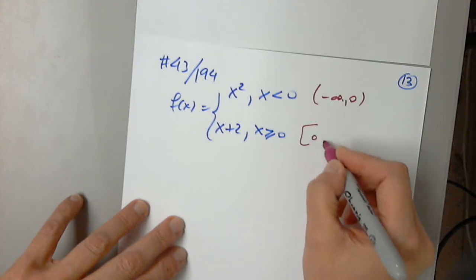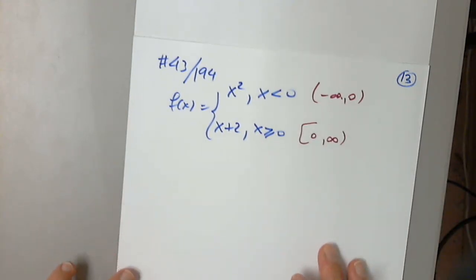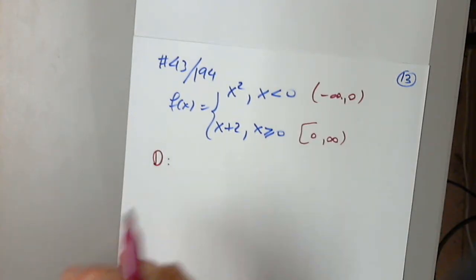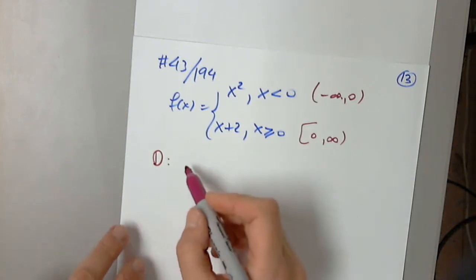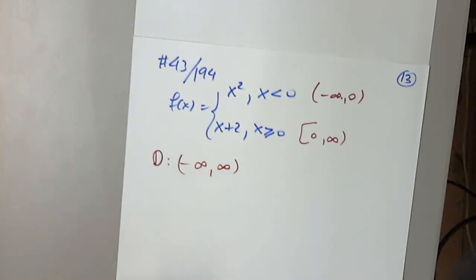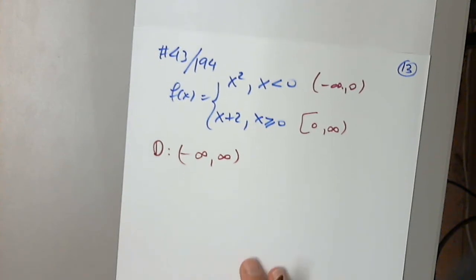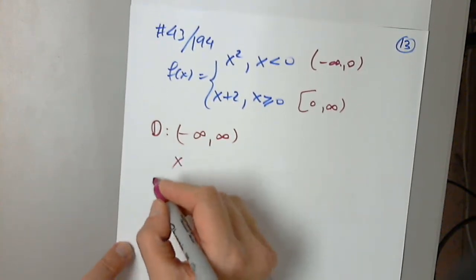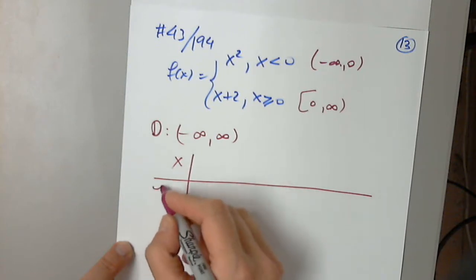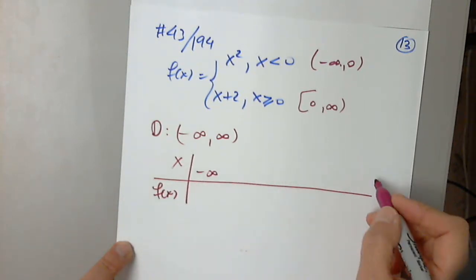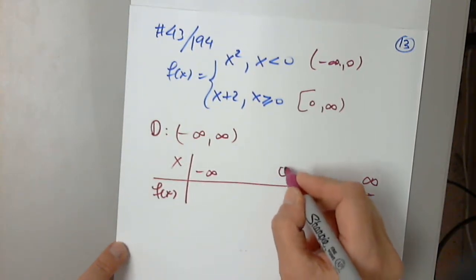I will look at this and see 0 to infinity. I will identify the domain one more time. What is it? Yeah, it happens to be the same. It will not always be the same. Just keep that in mind. And then negative infinity to infinity, and of course we have to have 0.